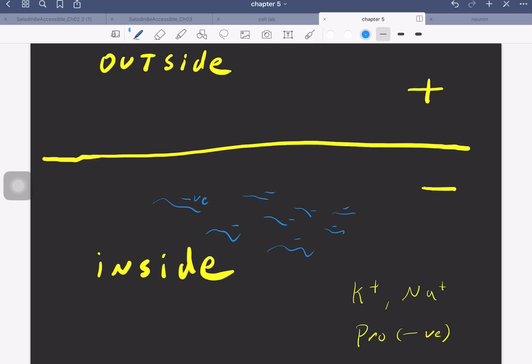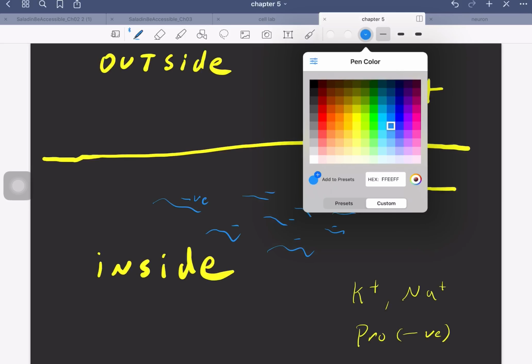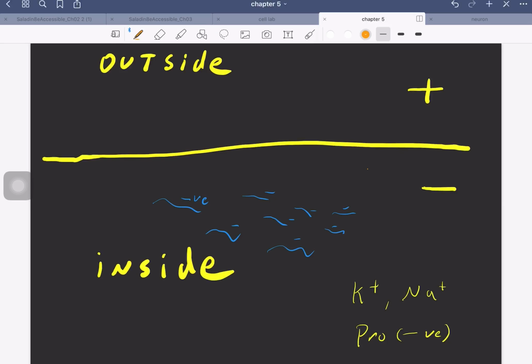Now let's look at potassium, and we'll go for orange for potassium. It's positive. Now, what we're going to see once I set up the concentration gradient is that I'm going to have predominantly more potassium inside the cell than outside, and more sodium on the outside versus inside.